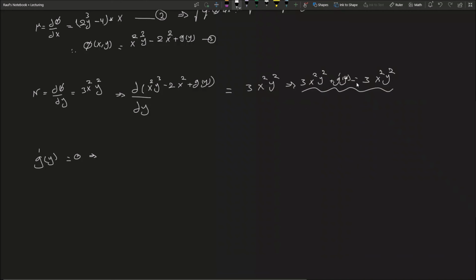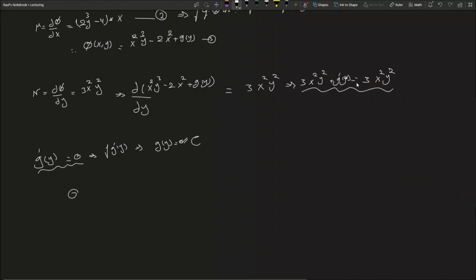Integrating that, after integrating g prime of y, we can say that g of y equals a constant c. So g prime of y equals 0, and the integration of this part will give you g of y as a constant.